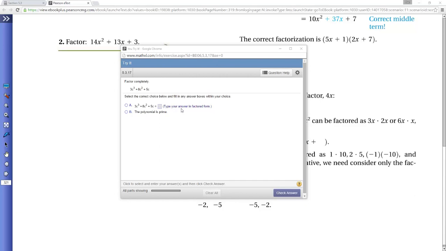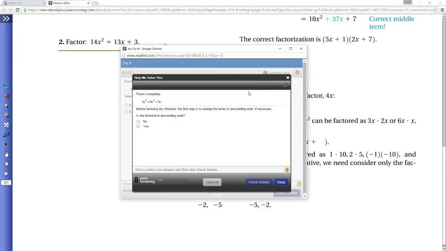Okay, I just paused a little bit, my screen might have moved quickly there, to load this example. Here we have a trinomial. It says factor this completely. And here's your answer blank. I could do it all on scratch paper, but let's do this help me solve this thing.